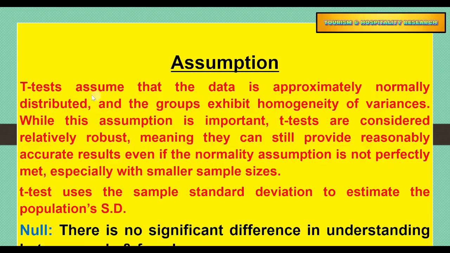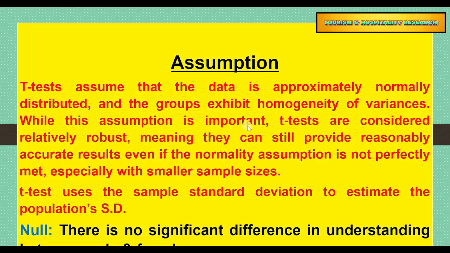The assumptions of t-test. T-test assume that the data is approximately normally distributed and the groups exhibit homogeneity of variances. So the Levene's test of homogeneity of variances has to be insignificant, that is greater than 0.05.